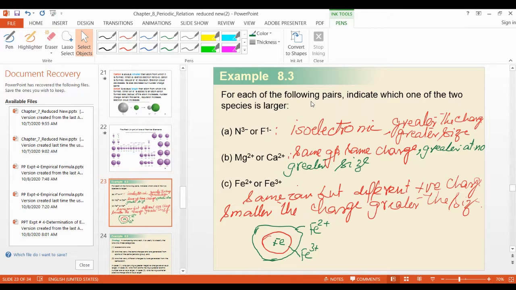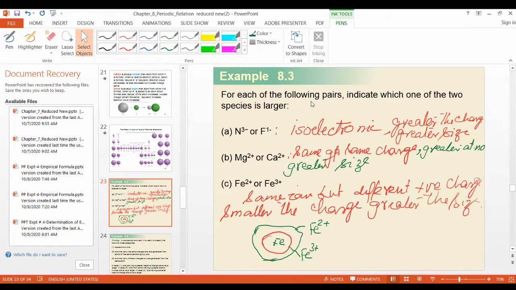If both are positive, suppose 3 plus and 2 plus, which one is greater? 2 plus will be greater because only 2 electrons are removed and 3 plus means 3 electrons removed, so the size becomes small.